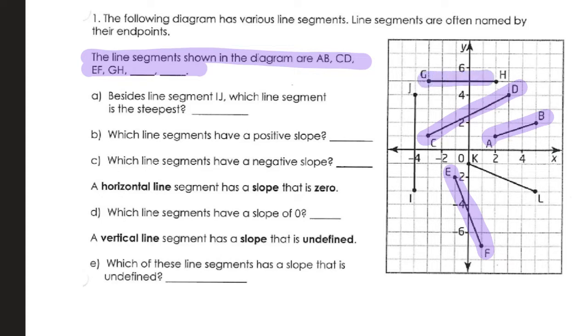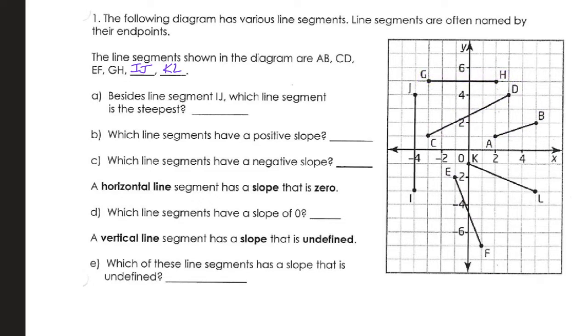I have GH there. Well, I'm missing two other line segments. And so if I was to just erase all of that highlight so we can write in there, then I also have line segment IJ and line segment KL. There we go. Okay, I'm going to get rid of all that purple.